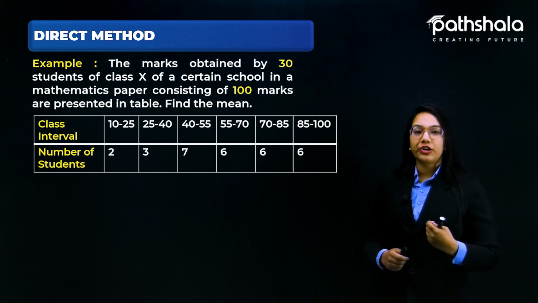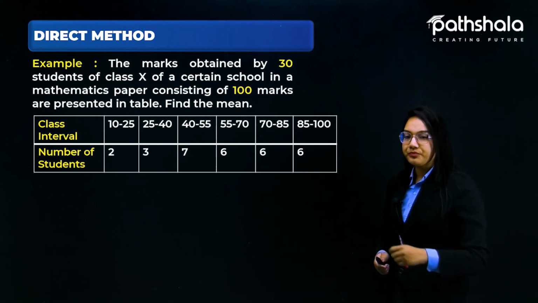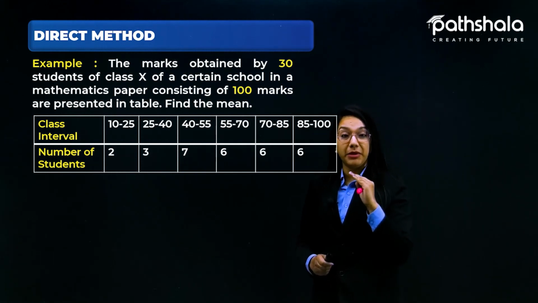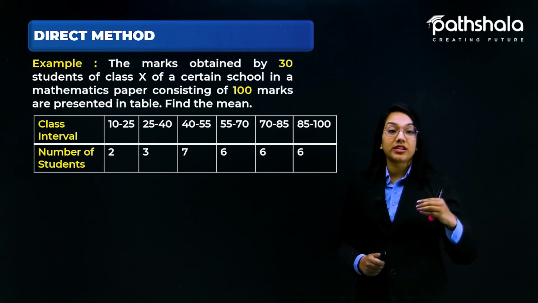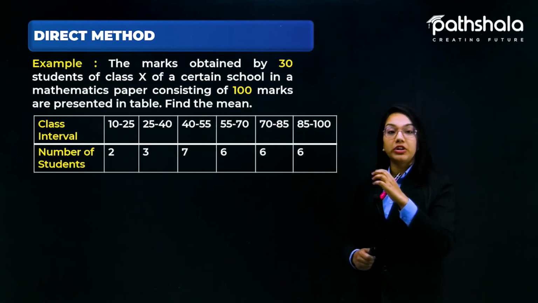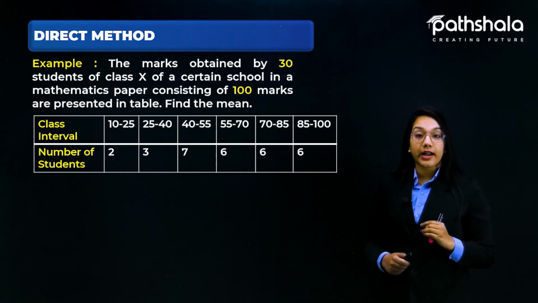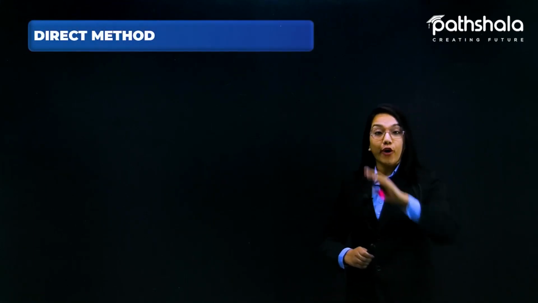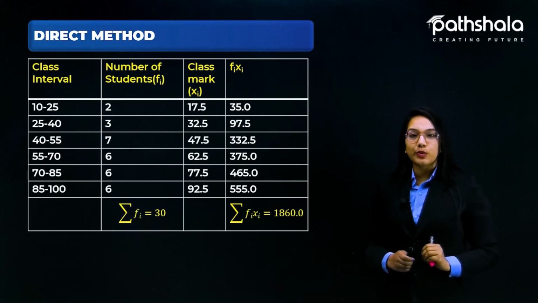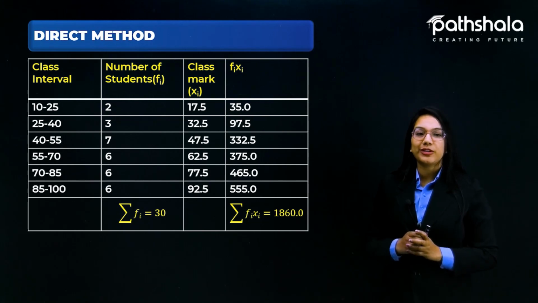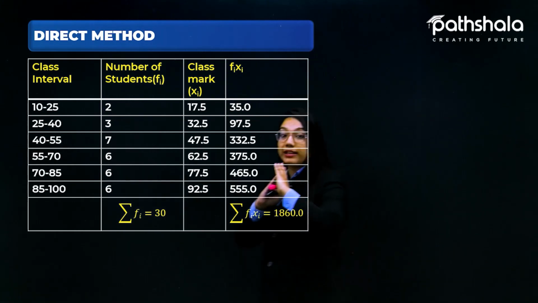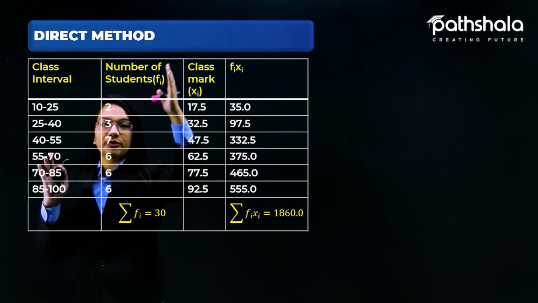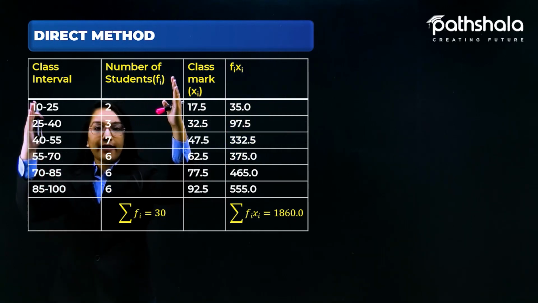So let's convert it into a table. When starting the process of finding the mean of this data, first I'll write the class interval and the number of students. Let's look only at these two columns.